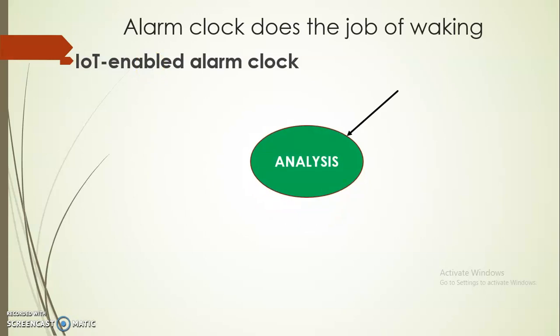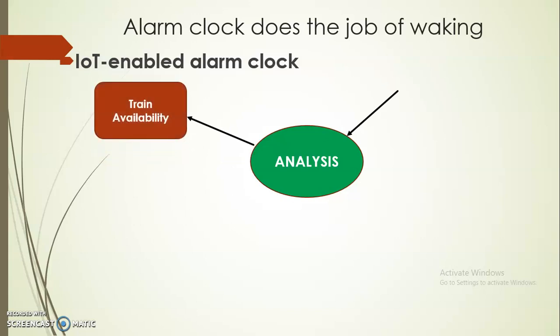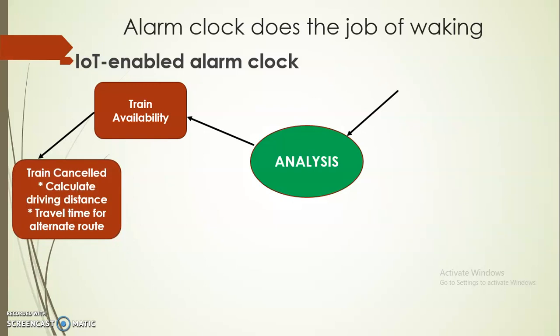It can do certain analysis. That is, it can check the availability of the train to reach the destination. In case the train is cancelled, it can calculate the driving distance and travel time for your alternate route through Google Assistant.